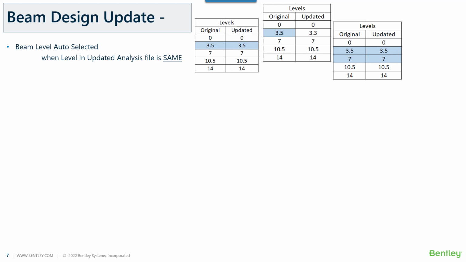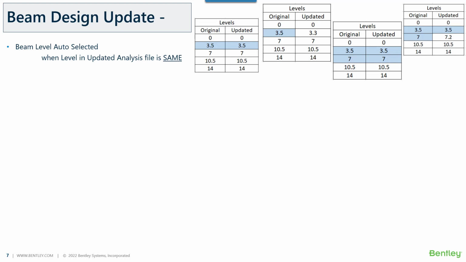And if in the original situation we have grouped the levels, and in the revised file there are some changes in the geometry and we wish to ungroup the level, then that is also possible. You can go ahead with a single level.